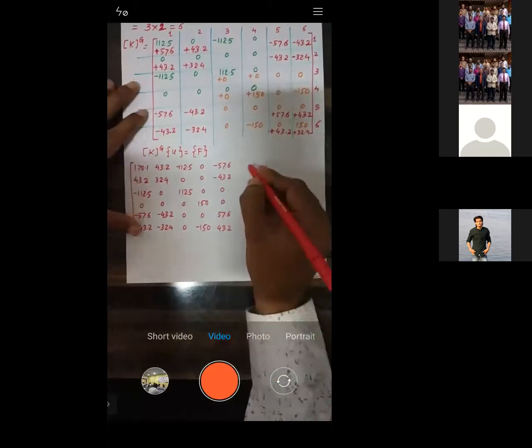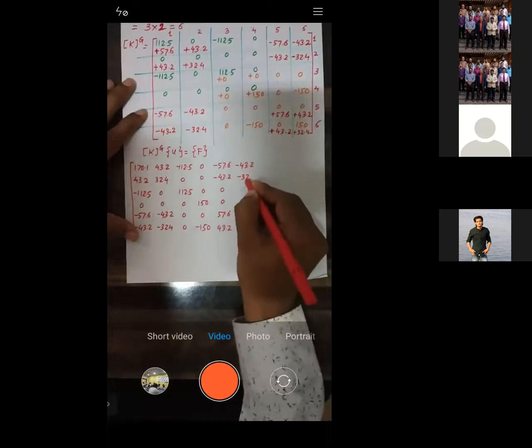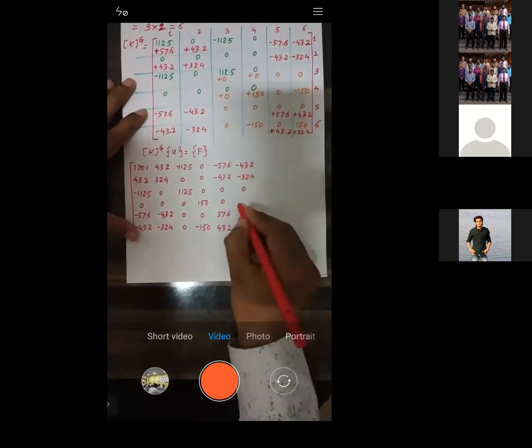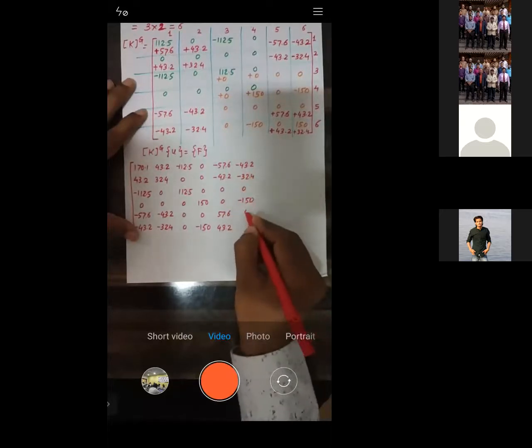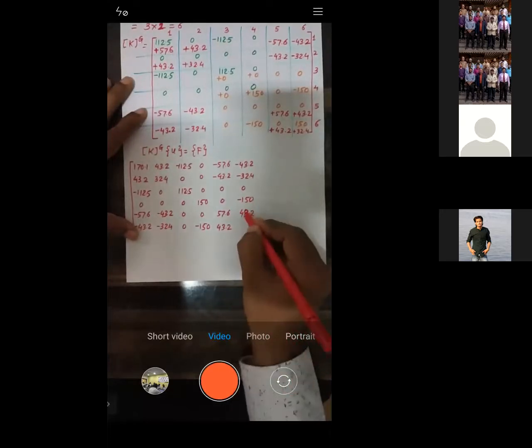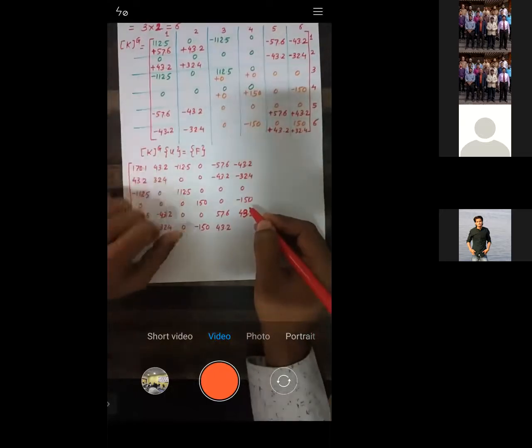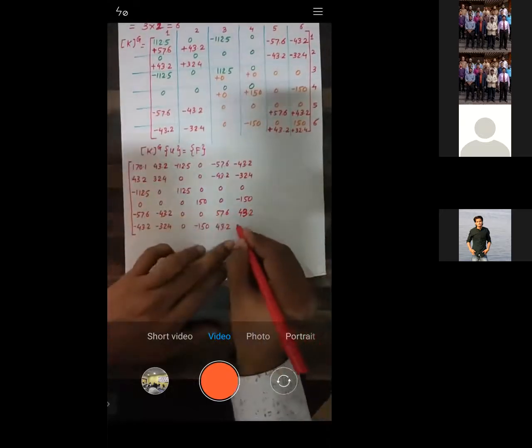Now we are going to the last column: minus 43.2, minus 32.4, 0, minus 150, then 43.2, 43.2. Then this one, 150 plus 32.4, it might be 182.4, right?